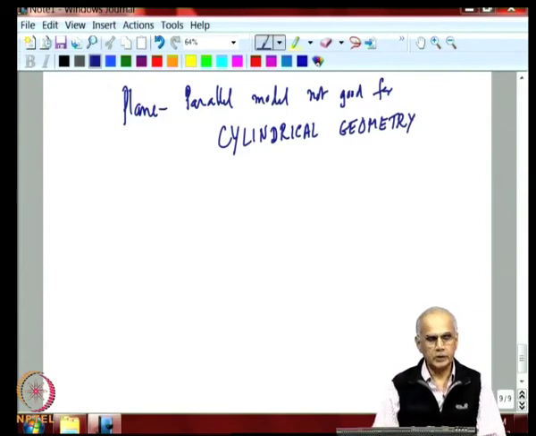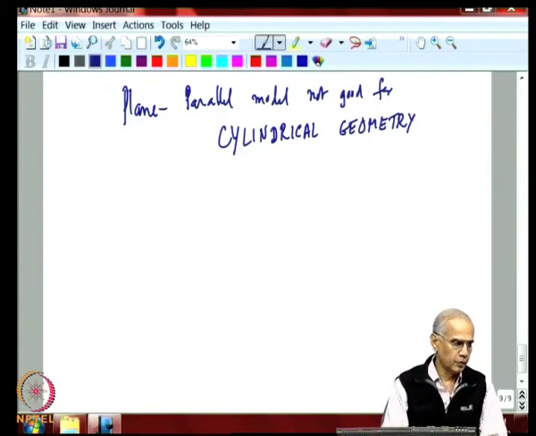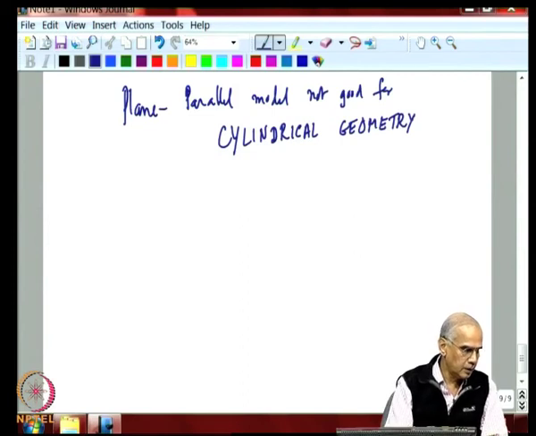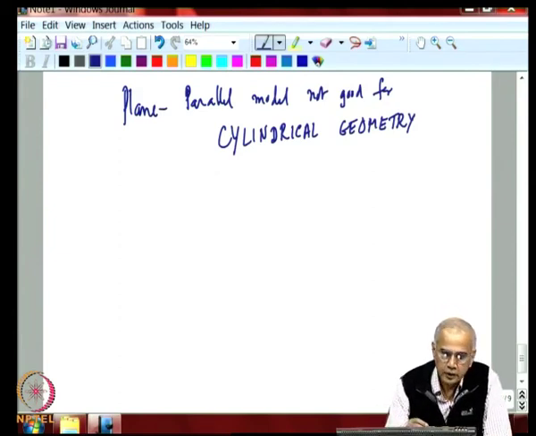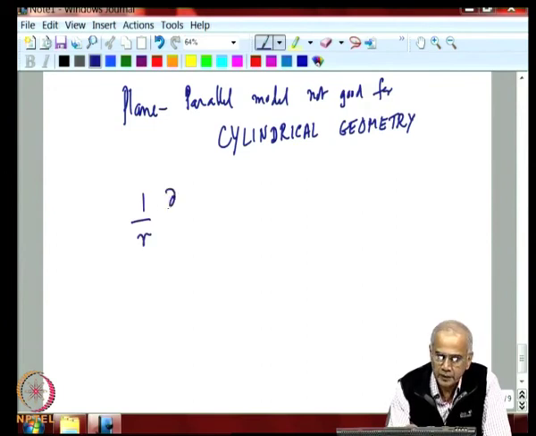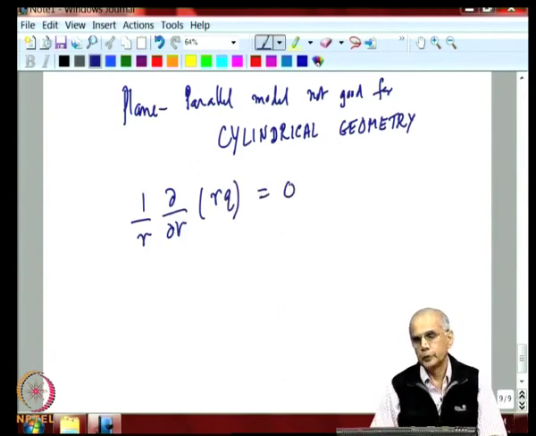So, if you want to deal with such situations, you have to now extend the approach you have taken in the radiation transfer formulation to look at the radial geometry. So, I will take a simple case just to illustrate the point. In a radial geometry, the first requirement from the first law of thermodynamics is that this has to be equal to 0. Okay.